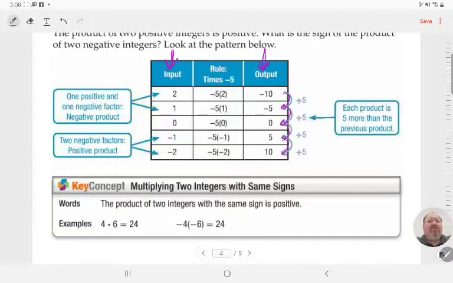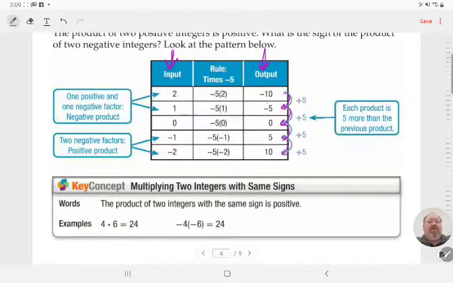Now you notice on those first two, when we had one positive, one negative, we had negative answers. Now we go down a number, negative 1 times negative 5, and we get a positive 5. And negative 2 times negative 5, we get a positive 10. So what that tells us is that when you multiply two numbers with the same sign, you're going to get a positive answer.